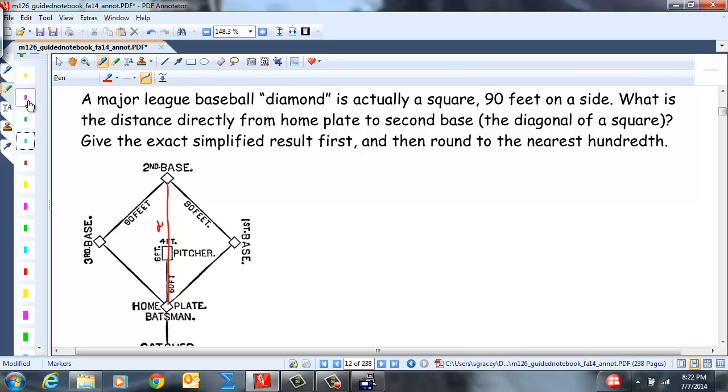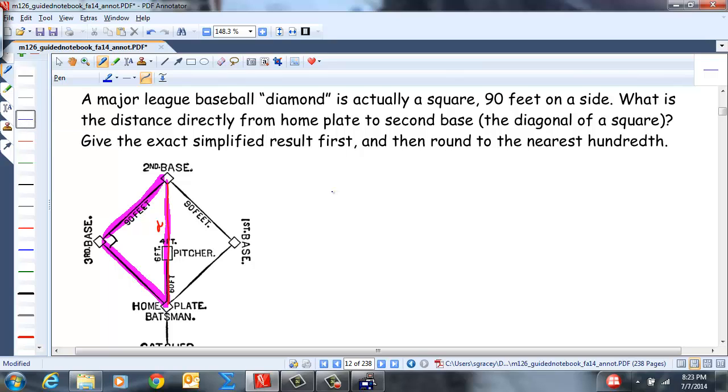We can just go this triangle here is what we can solve. And we have a right angle here, because we know that because it's a square.